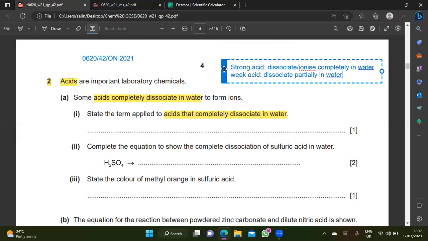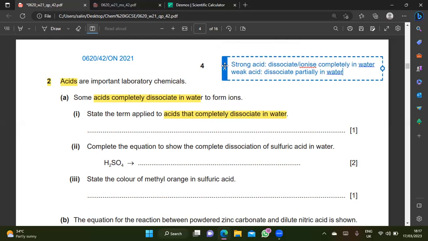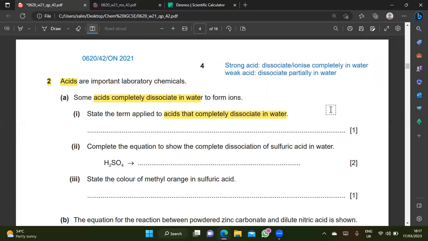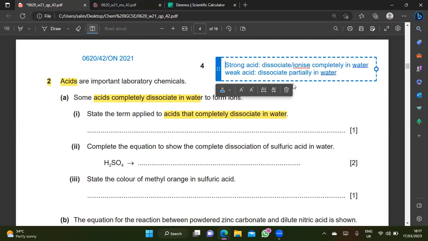In trying to define what is a strong acid and what is a weak acid, we can use how they dissociate in water. For strong acid, we say dissociate completely in water. For weak acid, we say dissociate partially in water. Now, what do you mean by that?